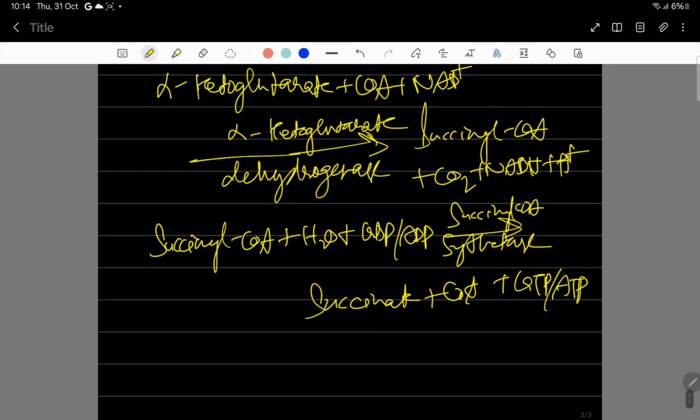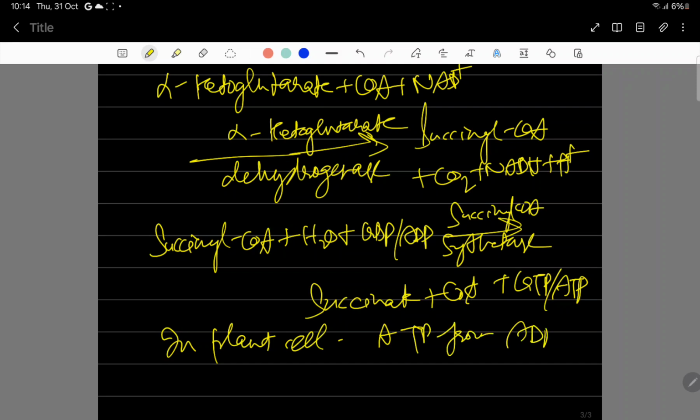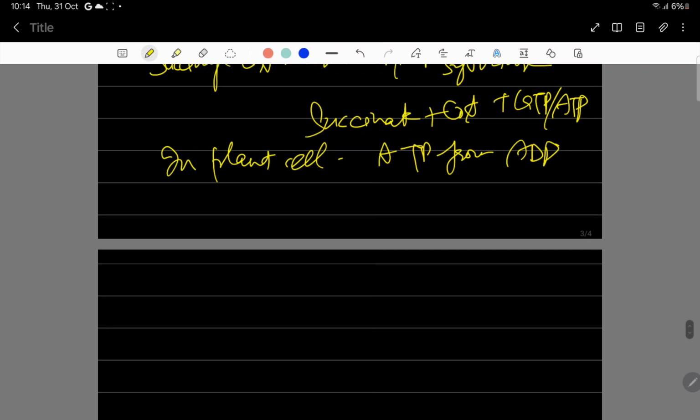In a plant cell, this reaction produces ATP from ADP. Oxygen to oxidize a carbon atom to CO2 is taken in steps 4 and 5 from a water molecule.